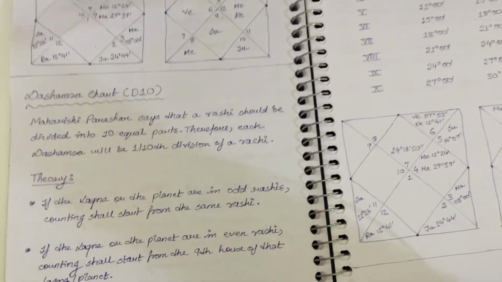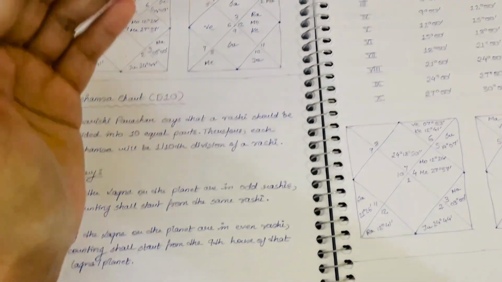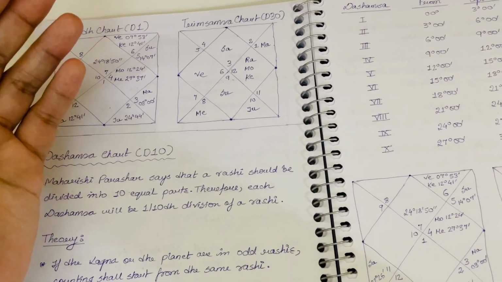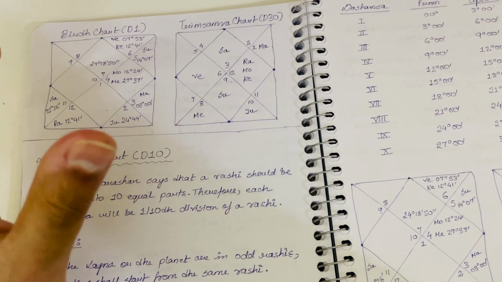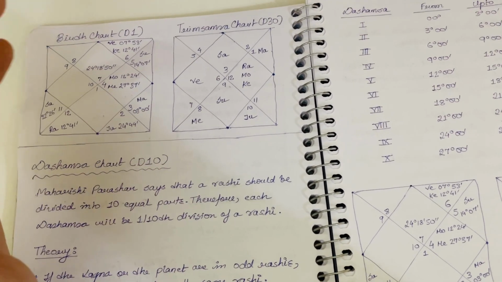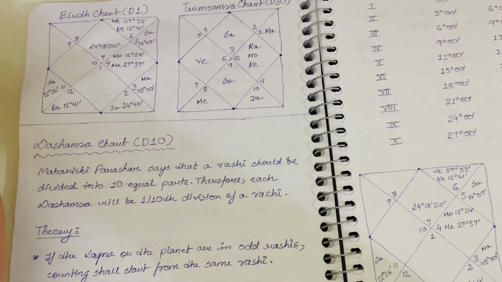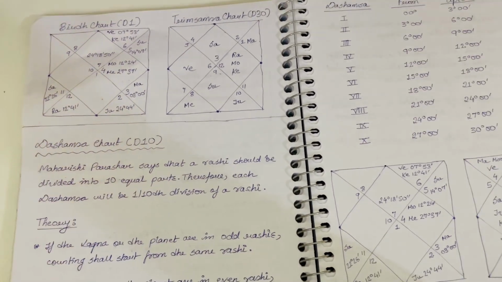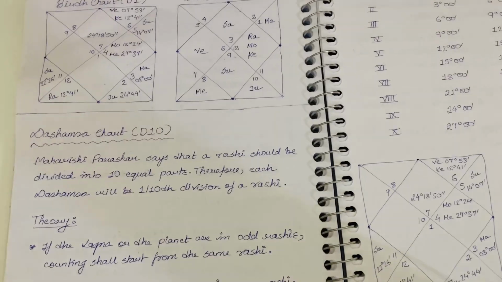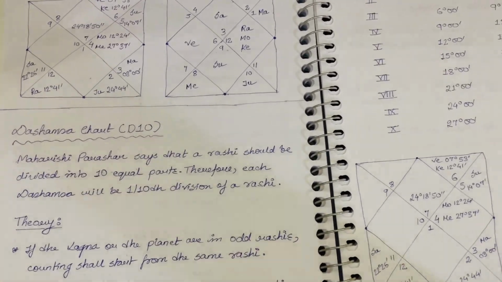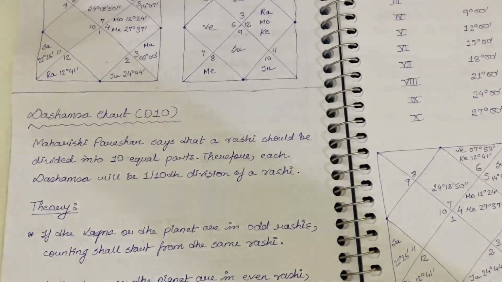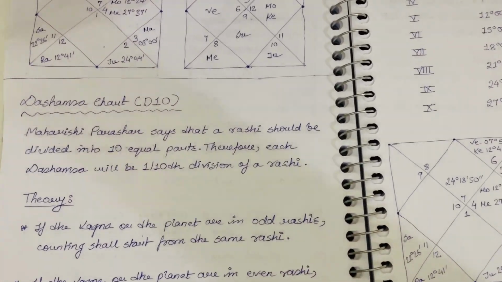All right. For the Dashamsha chart, I had already given you a very preliminary, simple and plain overview of what a Dashamsha chart is all about in the last class. So again, I'm repeating it. The Dashamsha chart is like a microscopic view of the 10th house of your D1 chart.